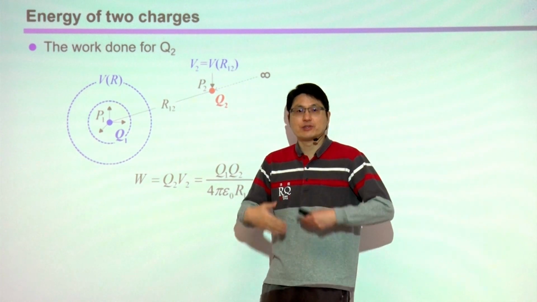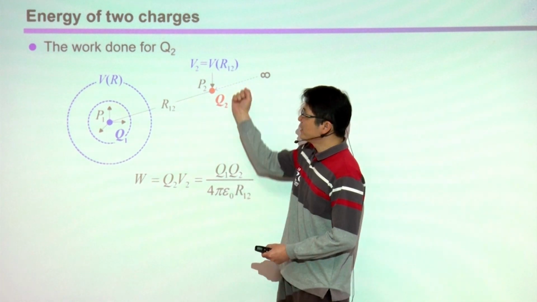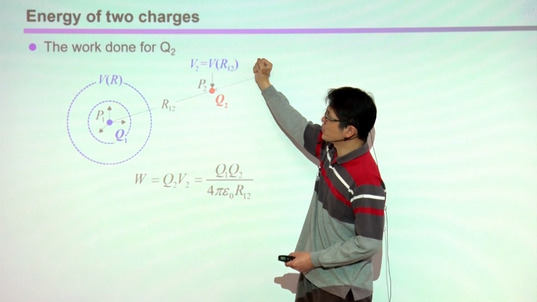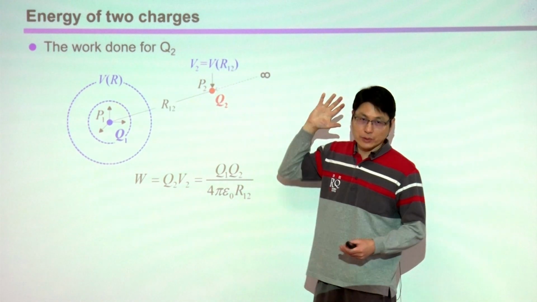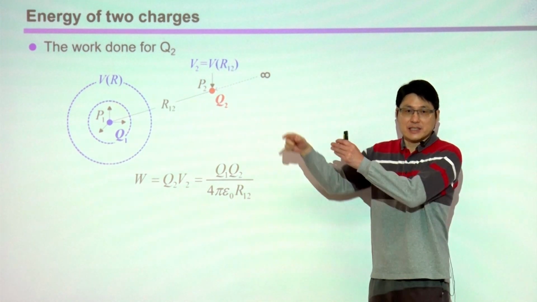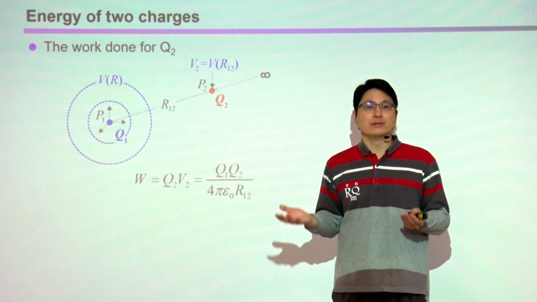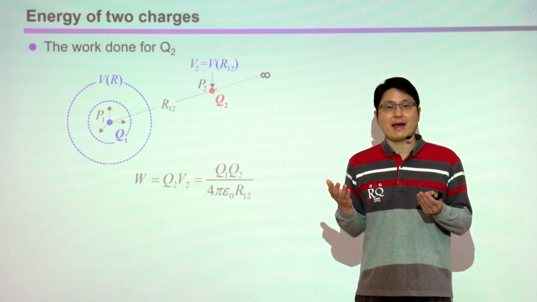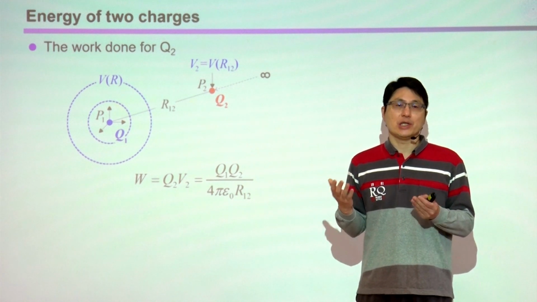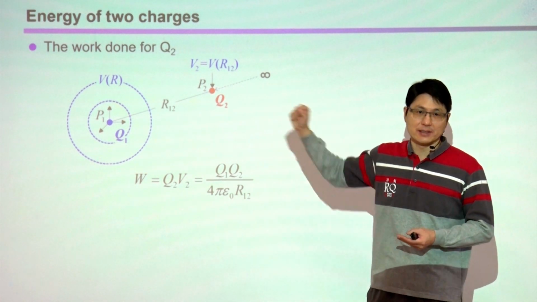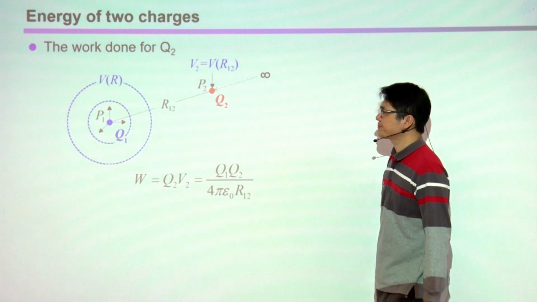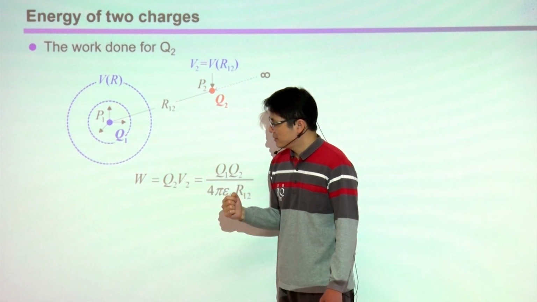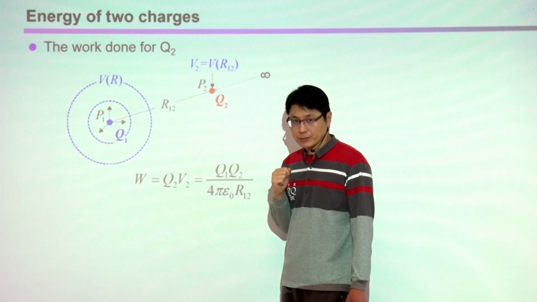Right? So I have to do work, and therefore, if I bring the charged particle 2 to here and let it go, the system is already filled with energy, and that energy amount is equal to the work I have done. Okay? So the energy is Q2V2.